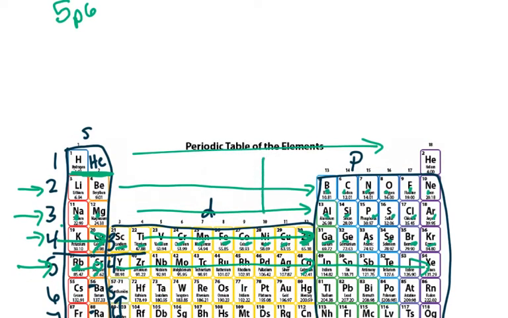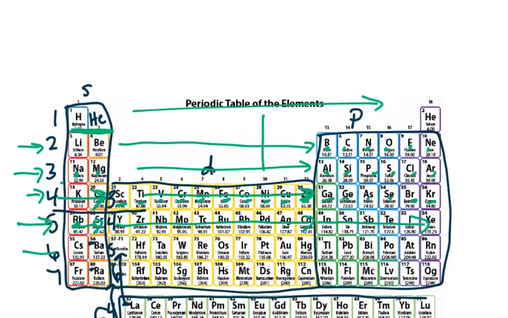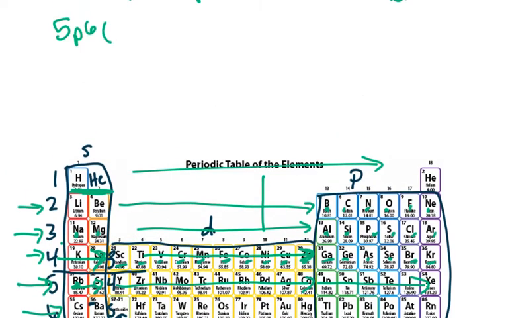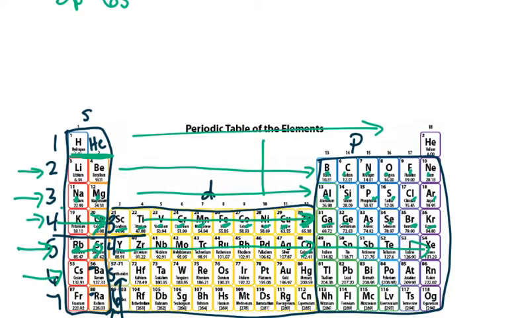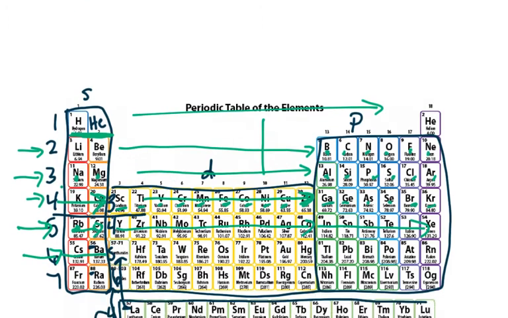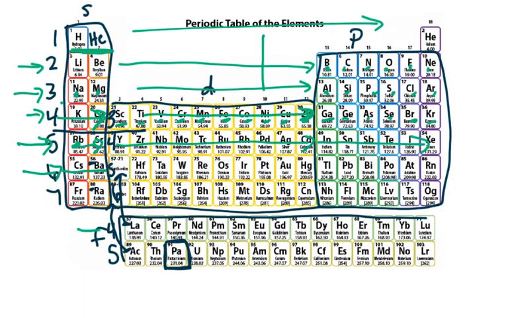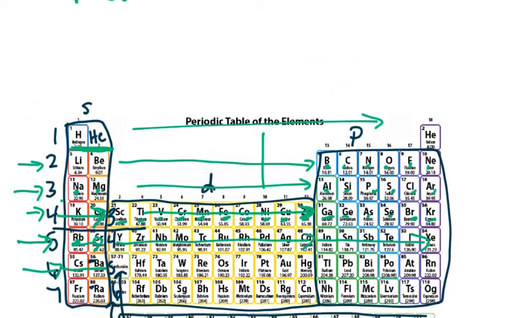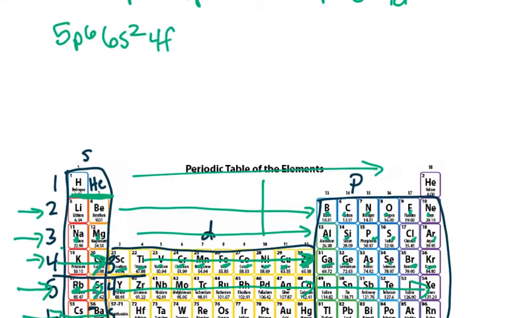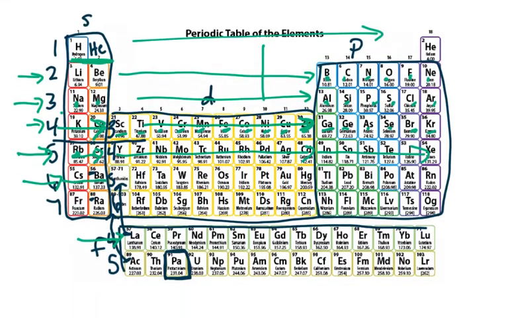Then I'm going to go right here into 6s. So now I'm in 6s2, but after 56 is 57, so it's actually down here. So I'm going into 4f. So I'm going to write 4f. And then how many electrons? 1, 2, 3, 4, 5, 6, 7, 8, 9, 10, 11, 12, 13, 14. It should be 14.